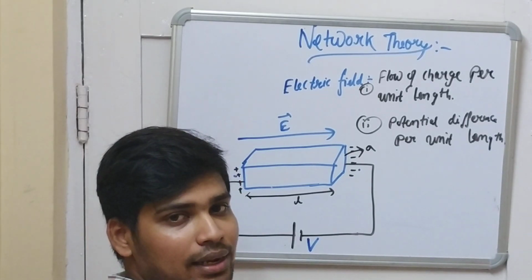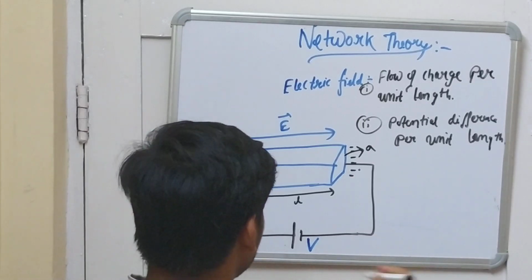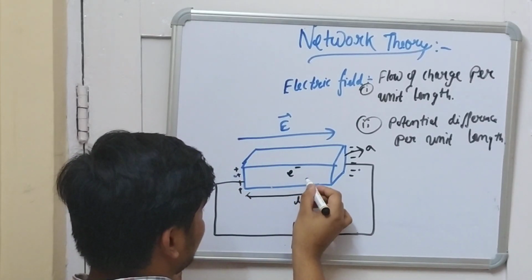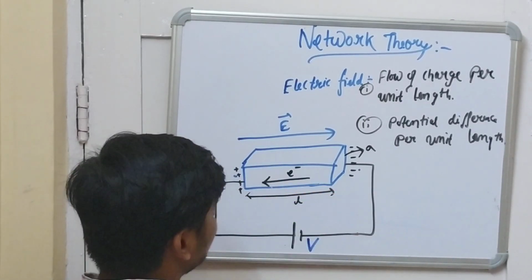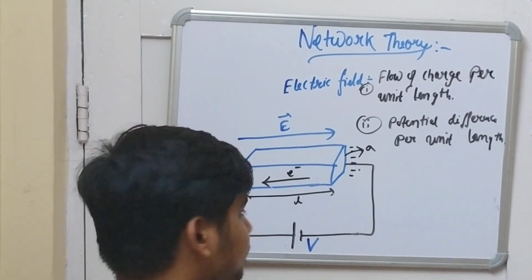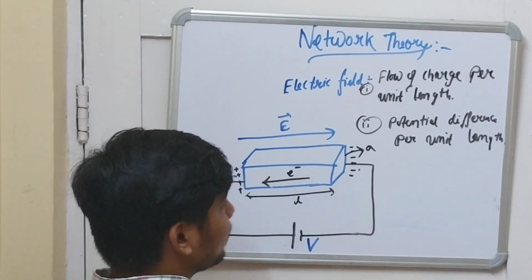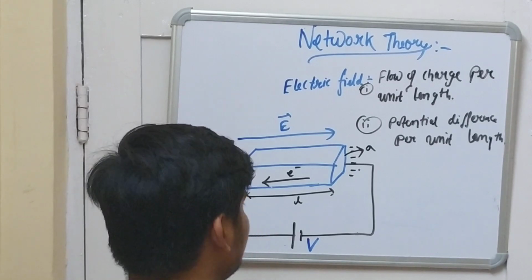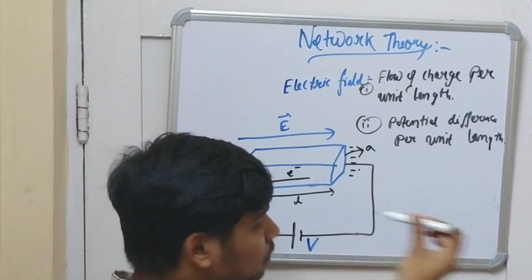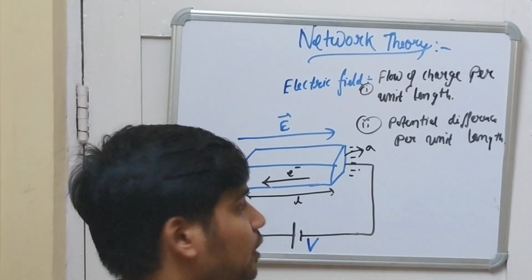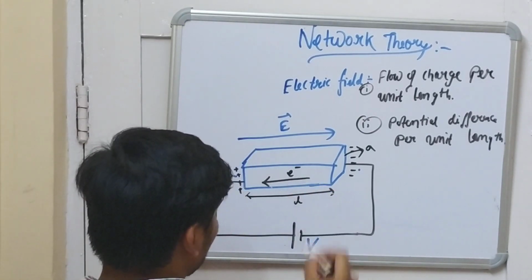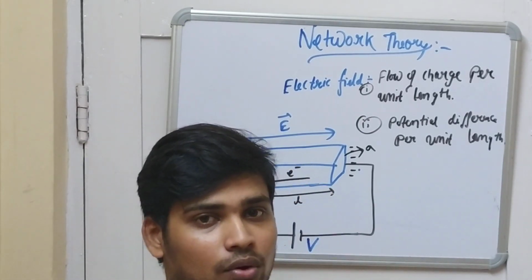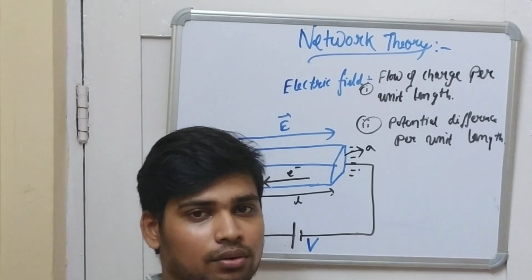Once the electric field is set up, the electrons will start to flow in the opposite direction of the electric field. All the electrons that are in random motion will start flowing opposite to the electric field. So now the net flow of charges is not equal to 0.